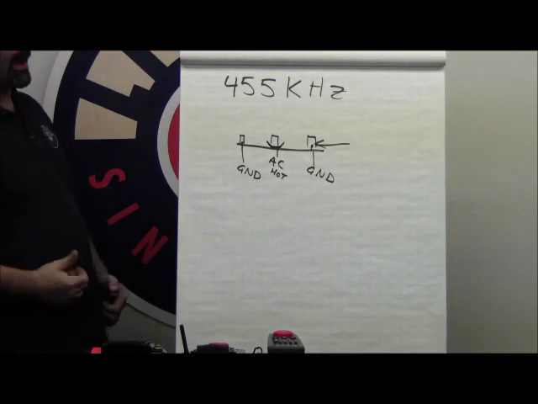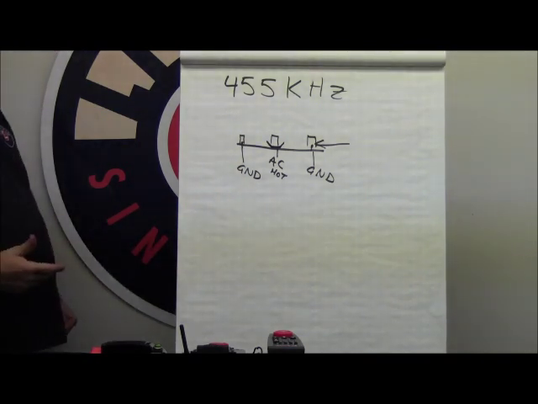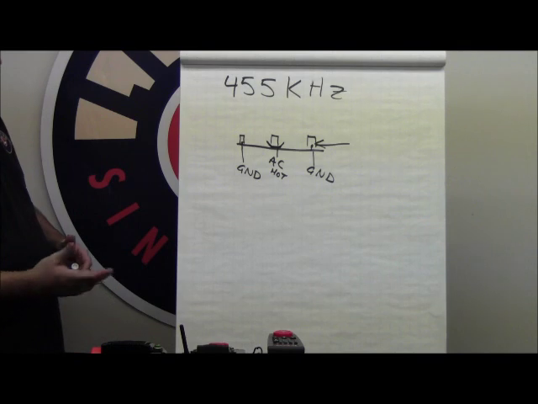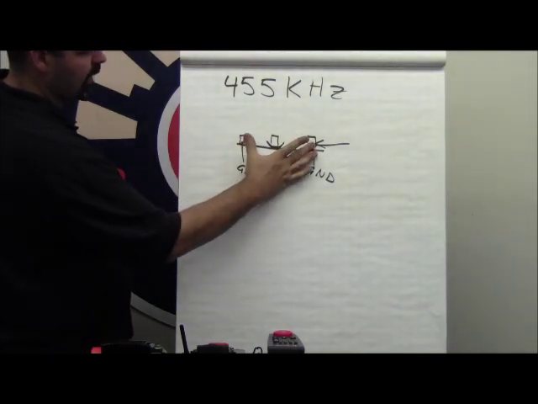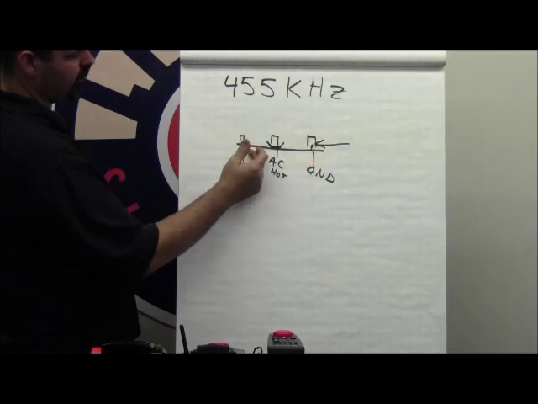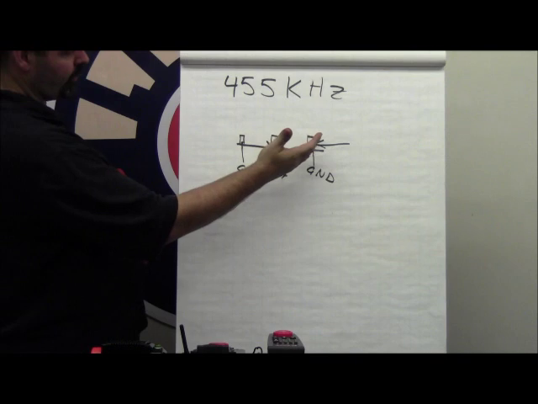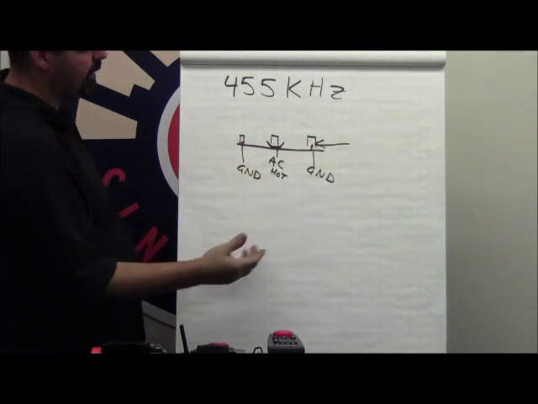For tracks such as Atlas O, MTH, Gargraves, and any other brands out there where they have plastic or wooden ties, such as Ross Custom Switches even, these 2 rails are electrically isolated, meaning they're not connected by any piece of metal. So it's important for the command control operation that the 2 outside rails be connected.